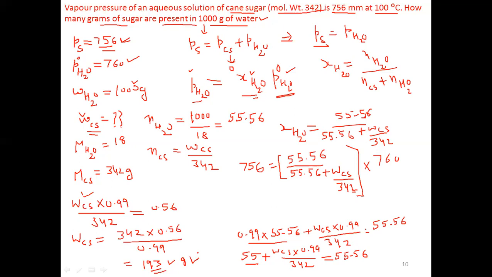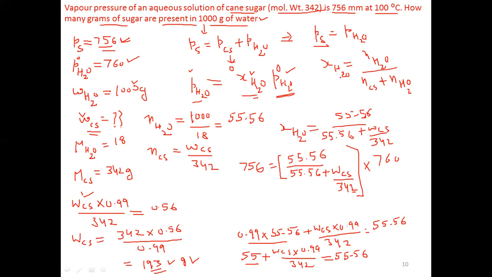So that was quite an easy numerical. Simply what we did was we had to calculate, from the vapor pressure of an aqueous solution of cane sugar, how many grams of sugar are present in 1000 gram of water.